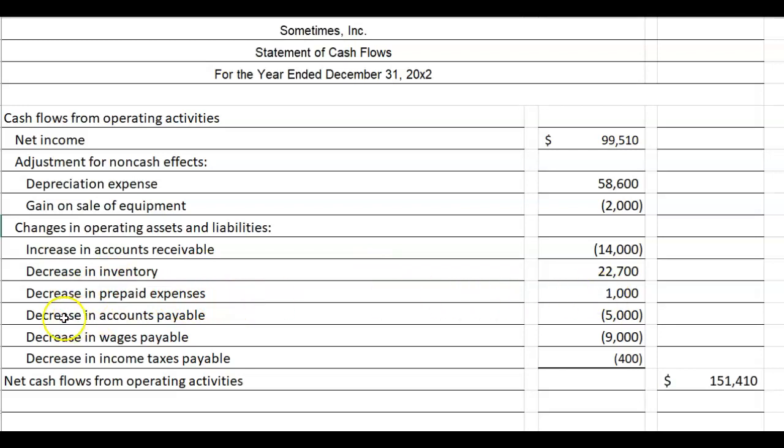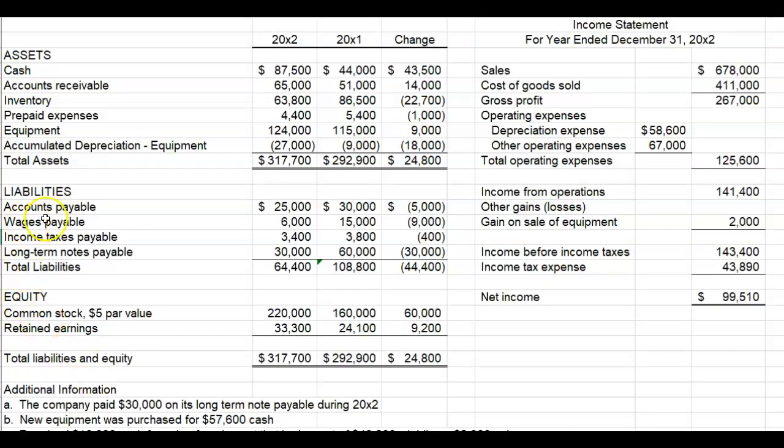$1,000. Then in the liability section, it's a direct impact on net income. If a current liability decreased, then decrease your net income. If a current liability increased, then increase your net income.